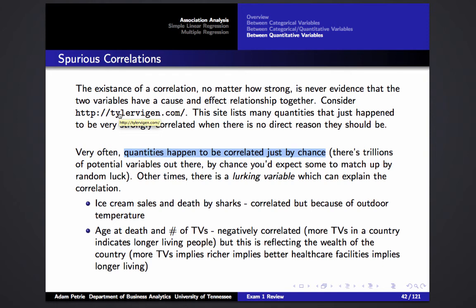And other times there are lurking variables that are responsible for inducing the correlation between what you're measuring here. So there's actually a strong correlation between ice cream sales and death by sharks, not because it's a spurious one that just accidentally happened by chance, but actually one that's induced by the lurking variable, basically temperature. In the summer, people are out swimming and getting killed by sharks, and they're also buying ice cream more frequently.